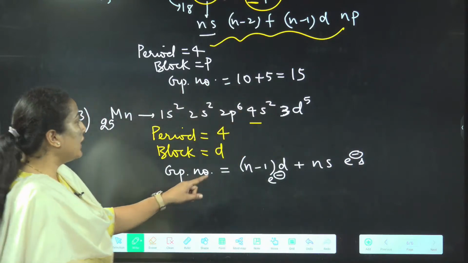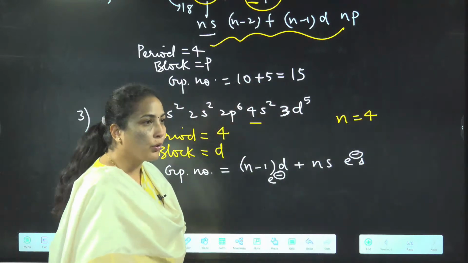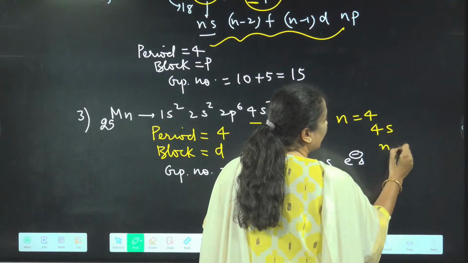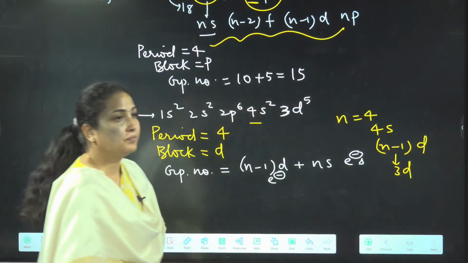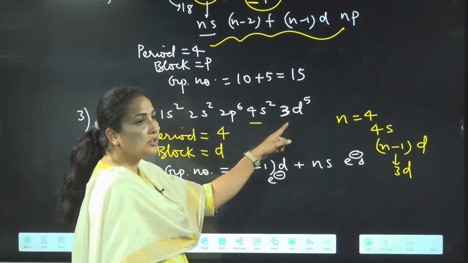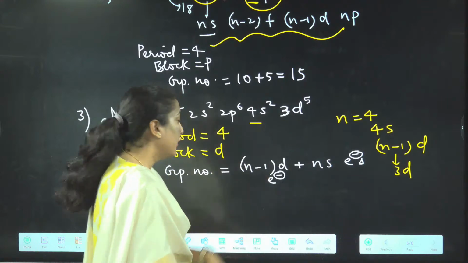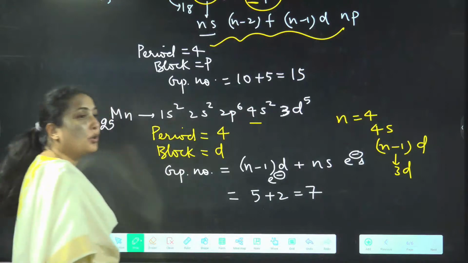Okay. Now we have already identified what is the value of n. N is 4. So basically we need to see how many electrons in 4s and how many electrons in n minus 1d, which makes it 3d. Getting it? So how many electrons in 3d? There are 5. And how many electrons in 4s, which is ns? It is 2. So basically it belongs to 7th group.